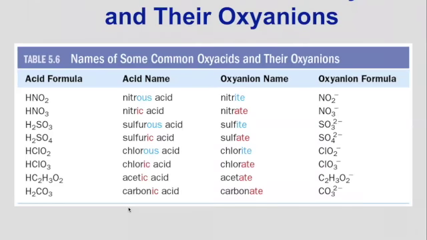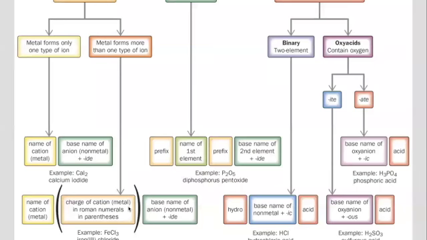Notice here, this is nitrite, nitrous, nitrate, nitric, sulfite, sulfurous, sulfate, sulfuric, and so on. So important table to go over. And this is the summary of all the naming that we have done.